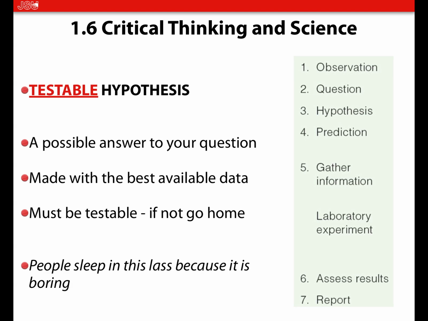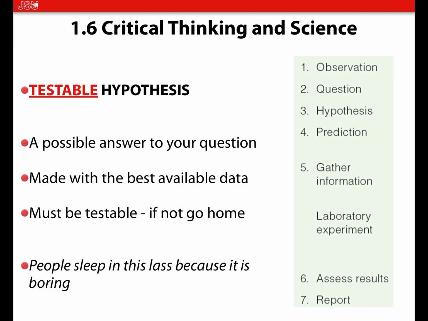Third, you need to make a testable hypothesis. Very important here. You have to have a testable hypothesis. If it's not testable, well, is it really science? That's a question. If I can't test something, then it pretty much ends here. I could say I think the planet Neptune is made of blue cheese.